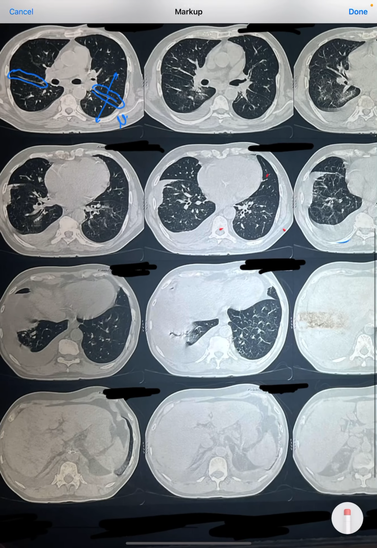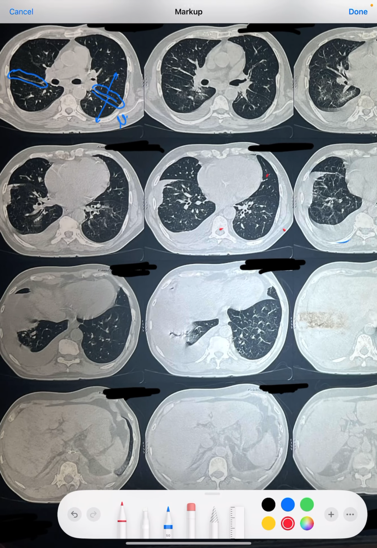And loculated effusion is very, very commonly seen in TB, though it can be bacterial as well. So this CT scan is showing free pleural effusion and loculated pleural effusion. I've shown the fissural lines, which are very obvious there. Other things which we can see is this patient is also having some patch.